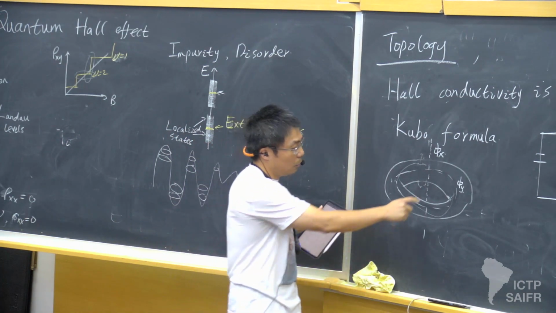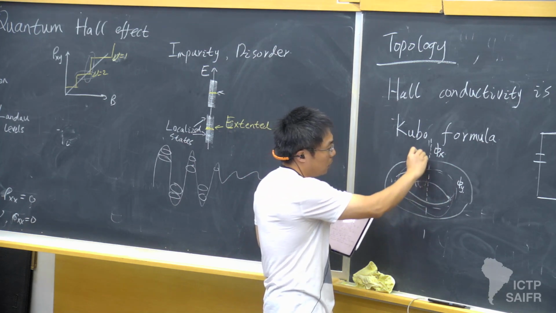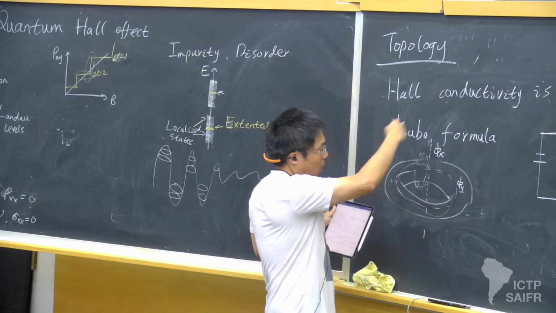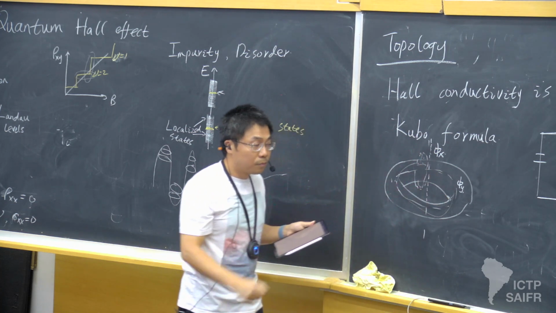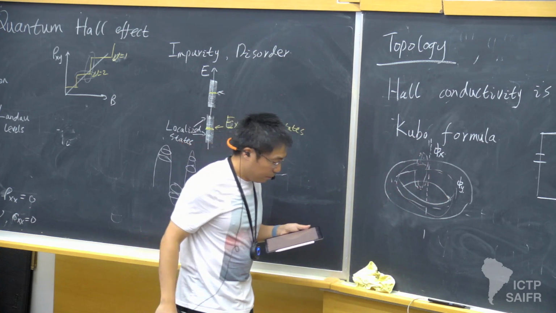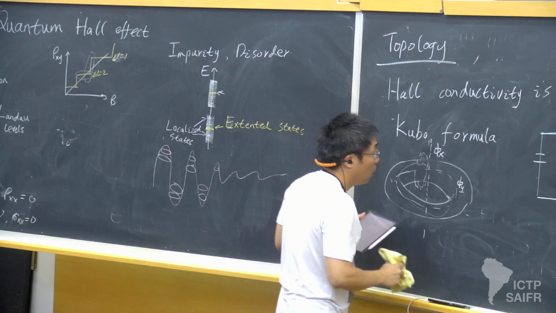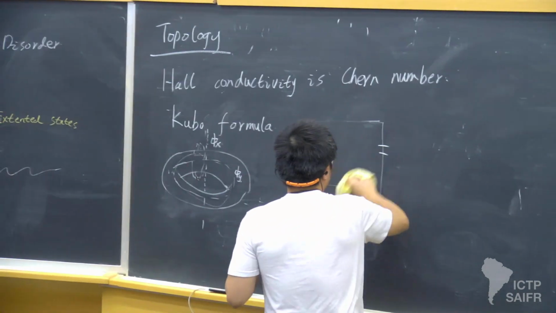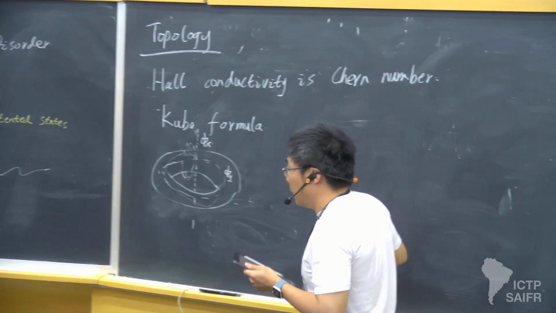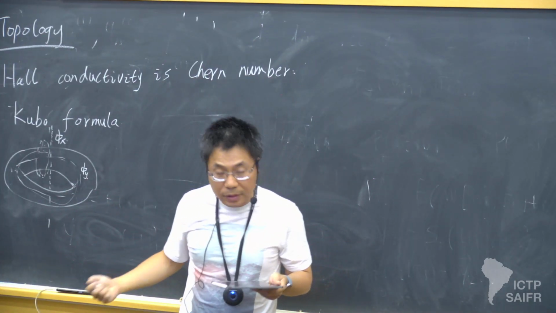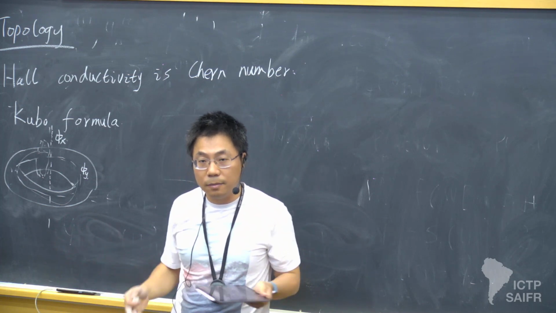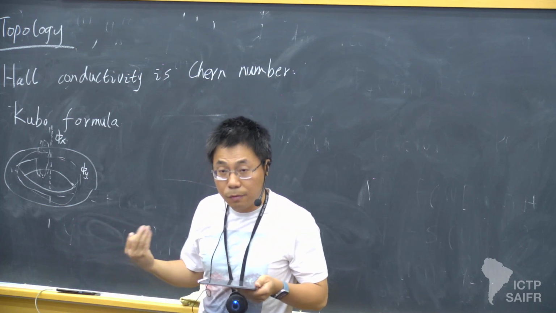Similarly for phi y, if I do this type of movement, then I will see phi y as a magnetic flux. Formally, for this type of problem, we just ask how the system responds under those two magnetic fluxes.